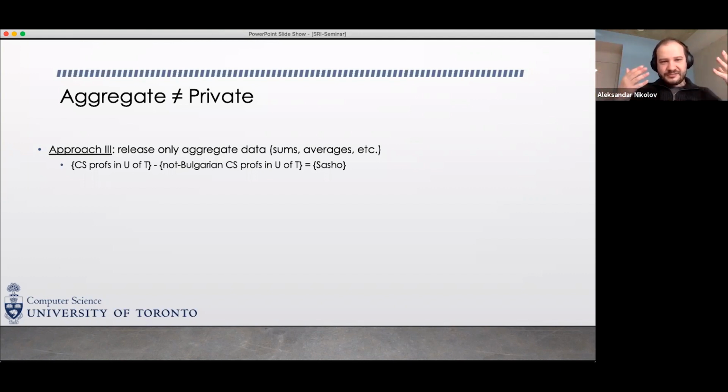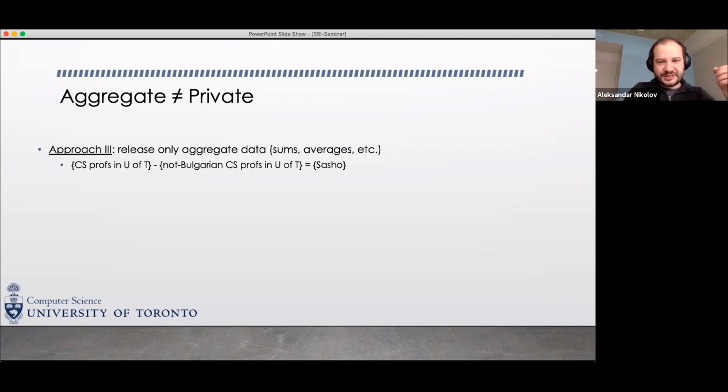And now this difference just tells me, do I like to sing in the shower or not? Because I'm the only Bulgarian-born computer science professor in the University of Toronto, as far as I know, for now. So both of these pieces of information seem aggregate, but the combination of them says something about me.